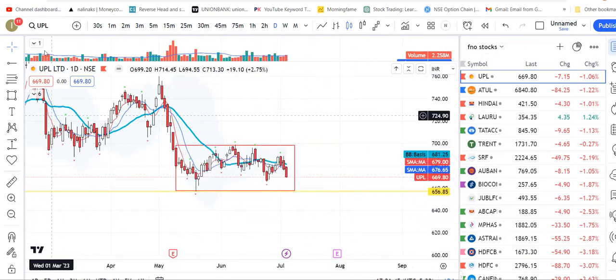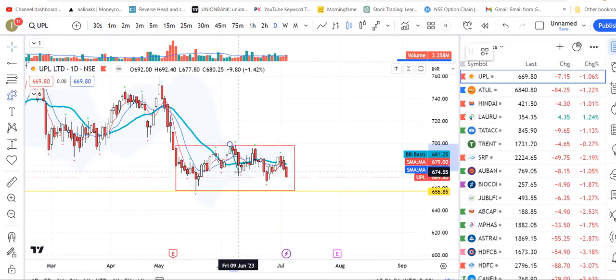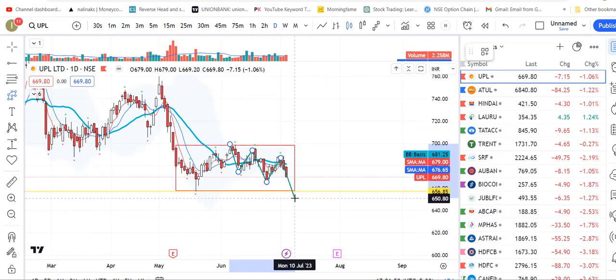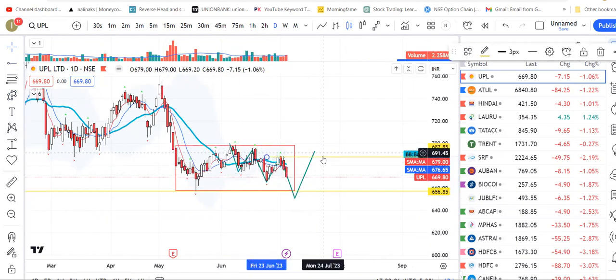But if you see the trend in this range, it is coming down like this. It has to reverse. Suppose if it wants to go above this, it has to reverse. Price should come above 685.